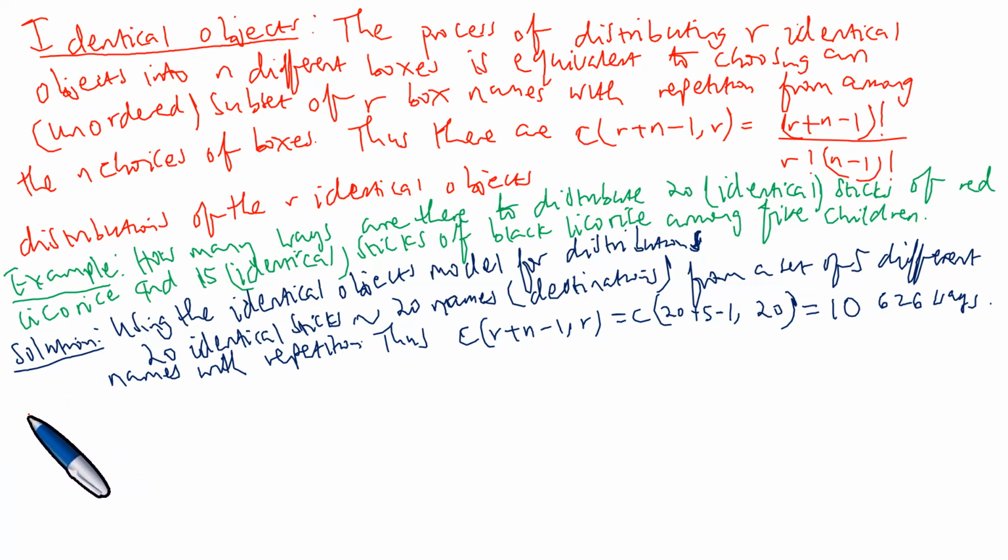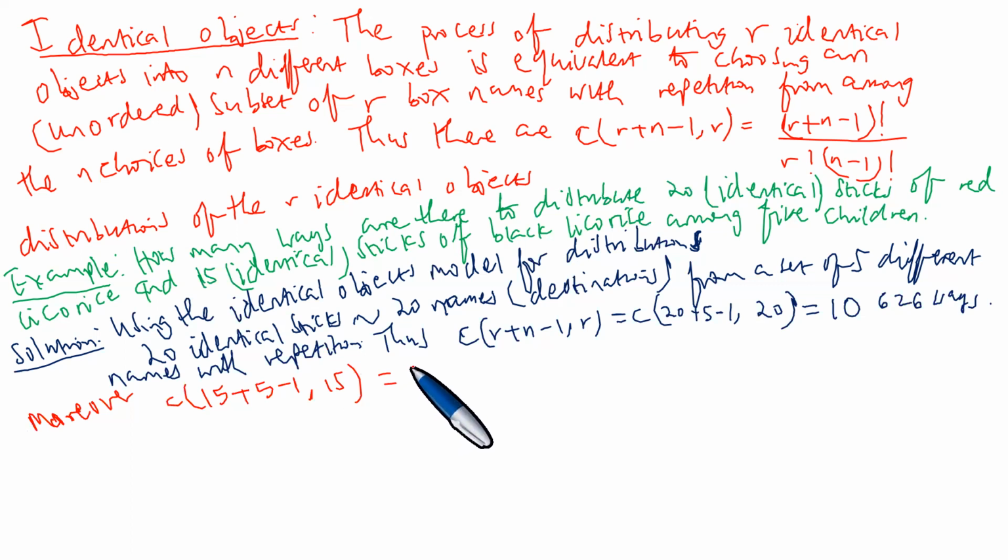So moreover, you have 15 plus 5 minus 1 choose 15 for the other color, because the 20 are red and the 15 are black. If you use a calculator here, you get 3876.